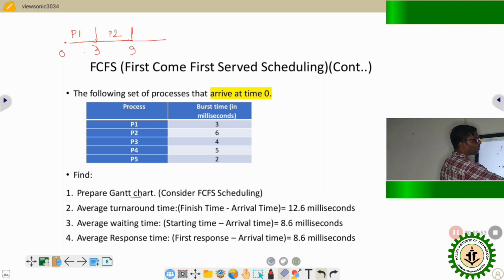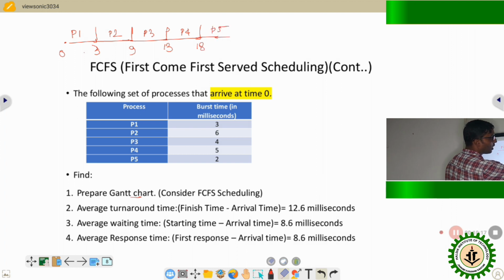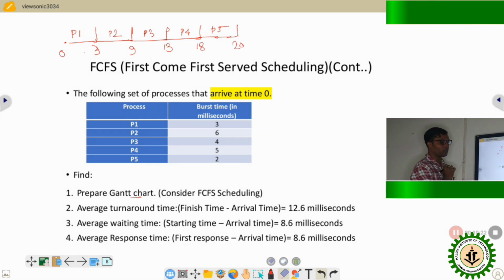Process P3, 9 plus 4, 13. Process P4 is 5, so it is 18. And process P5, the last one, lasts 2, that is 20. So this is the Gantt chart preparation using the FCFS order.